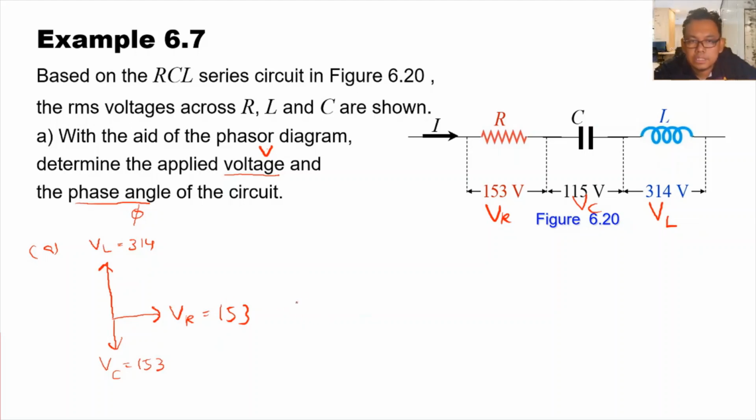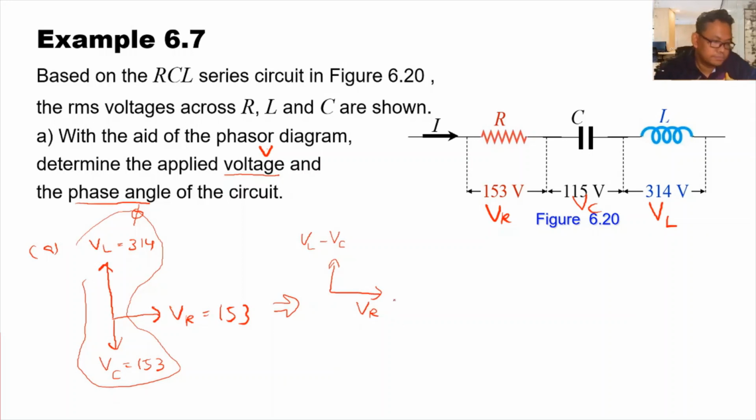Along the y axis we add them, which is VL minus VC, since VL is greater than VC, and here is VR. And here is the applied voltage E, and here is the phase. So the question asks us to find this capital V and this phase.